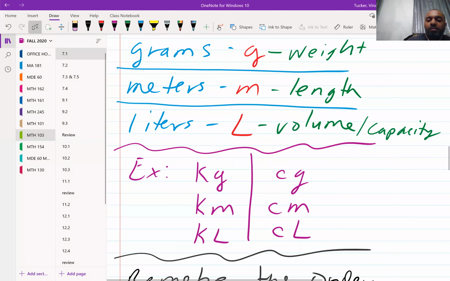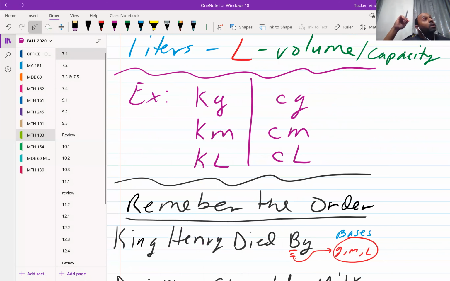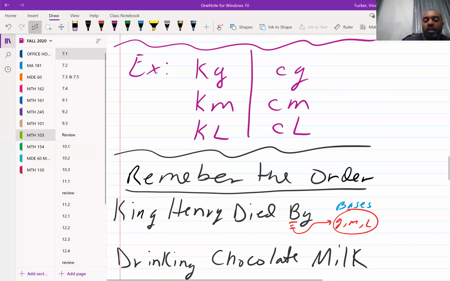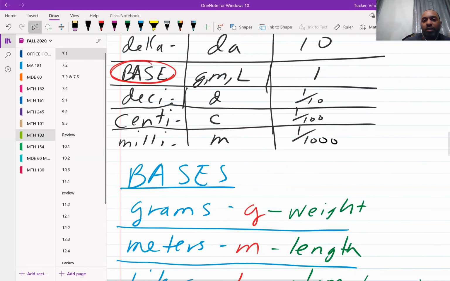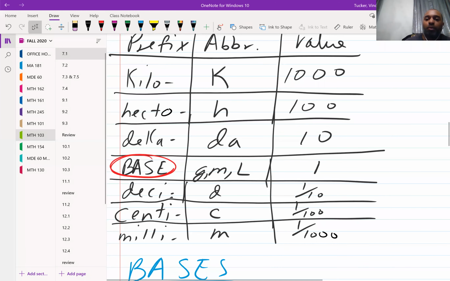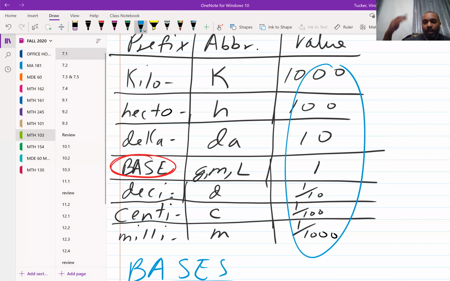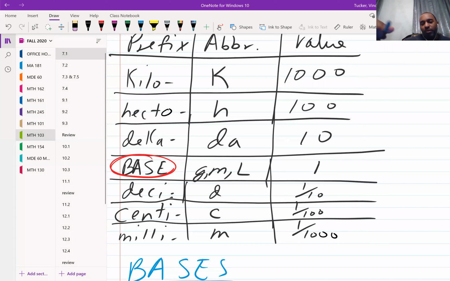All right. So your success dealing with the metric system will be dependent upon you remembering the order of your prefixes. Notice that they're only separated by multiples of 10. So you got 1,000, 100, 10. You divide each one of them by 10, you keep going down, or multiplying by 10, you keep going up.